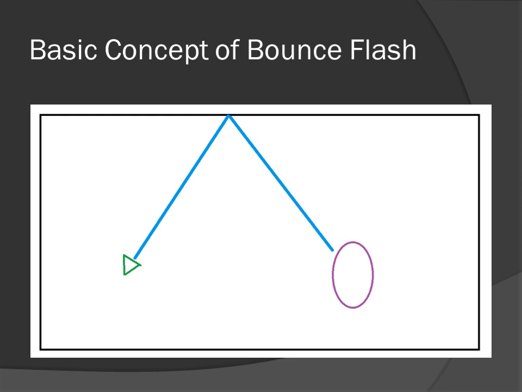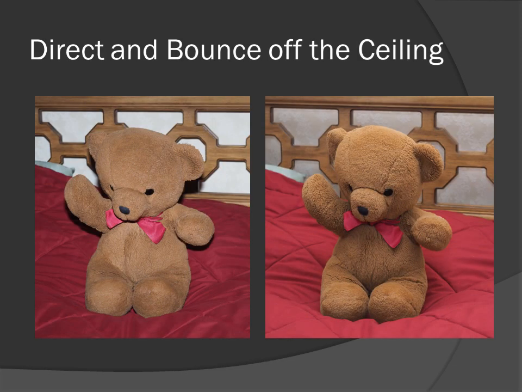The basic concept of bounce flash: the green is the flash, the blue is the light heading up to the ceiling and then bouncing back down to the subject. A comparison of direct and bounce flash off the ceiling with my very patient model. As you can see, picture left, below the arms and below the ears, you can see a harsh shadow.